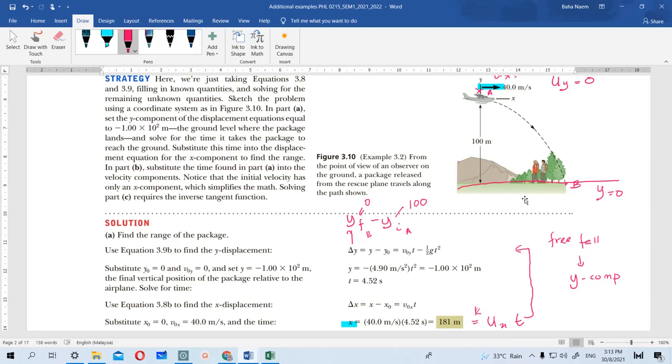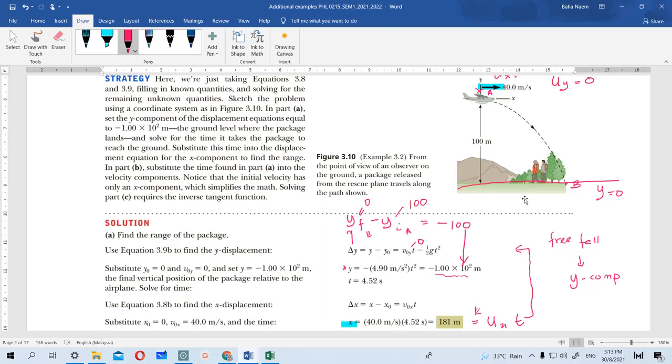So this is our y final. Okay, this is our delta actually. Look here, it's arriving with negative 100. Okay, negative 100. So substitute over here as our delta y.